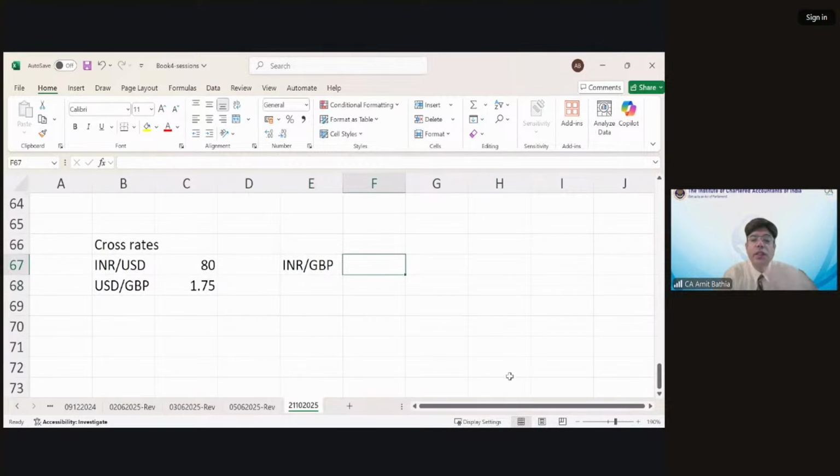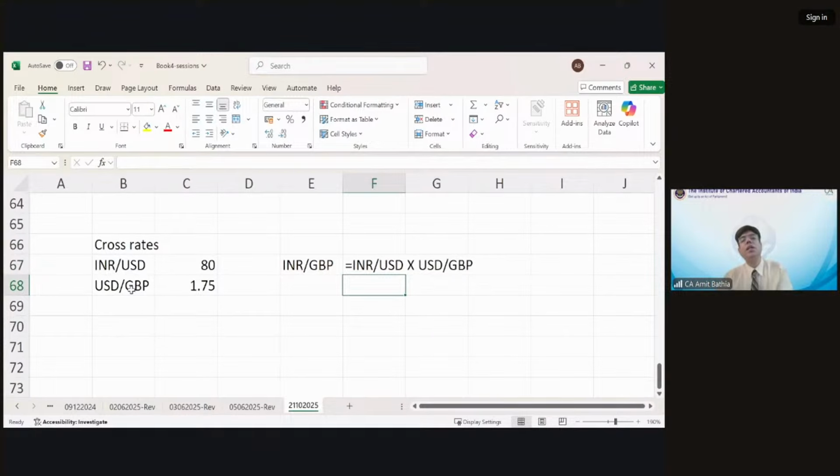What I will do is say INR upon USD multiplied by USD upon GBP. Am I right? Why am I doing this? I am substituting one value in another.